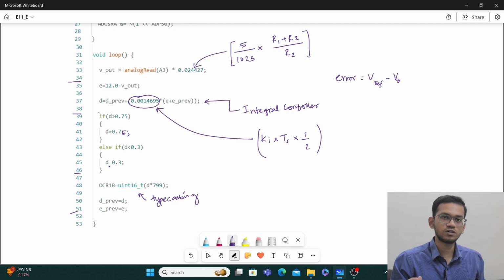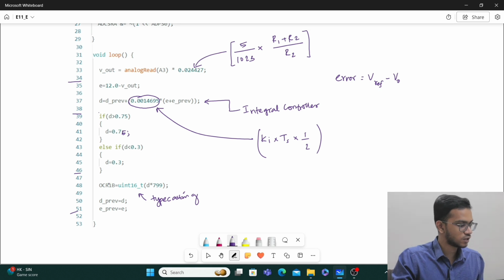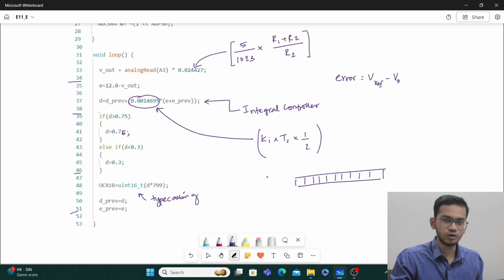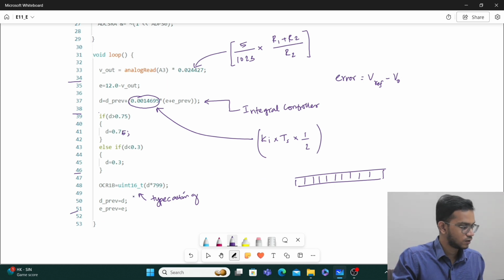So we first convert that duty ratio multiplied by the amplitude of sawtooth, and then convert it into a 16-bit integer. That is, by typecasting we convert it into a 16-bit integer and then store it inside the register. So this will go directly and store inside OCR1B. Here OCR1B will now have a 16-bit number, which will represent your duty ratio, right?